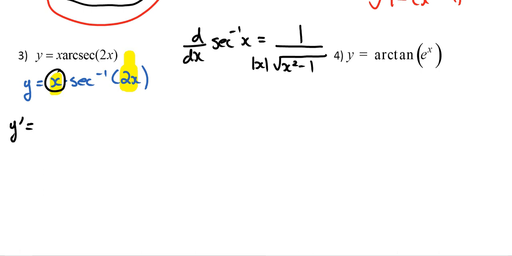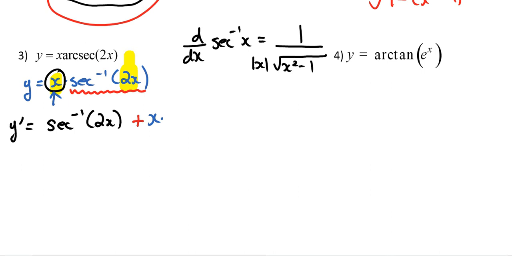Well, the derivative of x is going to be 1, so then you're left with secant to the power of minus 1 of 2x, and then the product rule says you need to add that to now the first term, which is going to be x, and then times the derivative of the second part, which is the inverse of secant 2x.